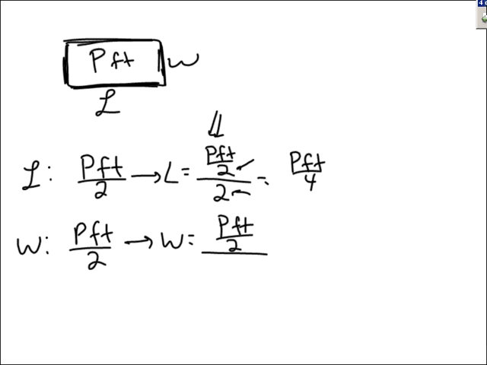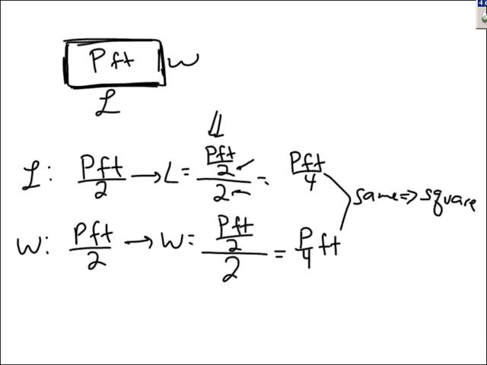And since you want 2 pieces, you cut it in 2, then you get P over 4. They're the same, which implies build a square. You want to maximize a rectangle, build a square.